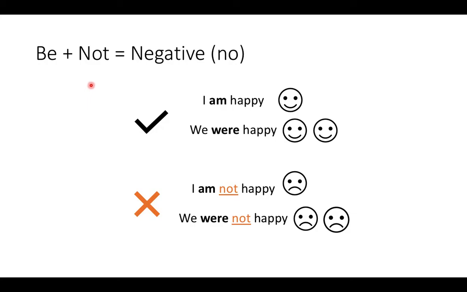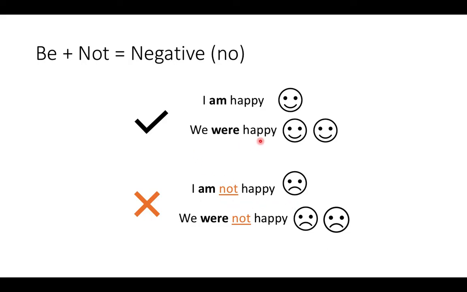So be and not equals negative, no. That just means that instead of saying I am happy, when we add not after the be verb, which here is am, I am not happy, it means that the person is not happy anymore. So here I am happy, and when we add not, I am not happy.